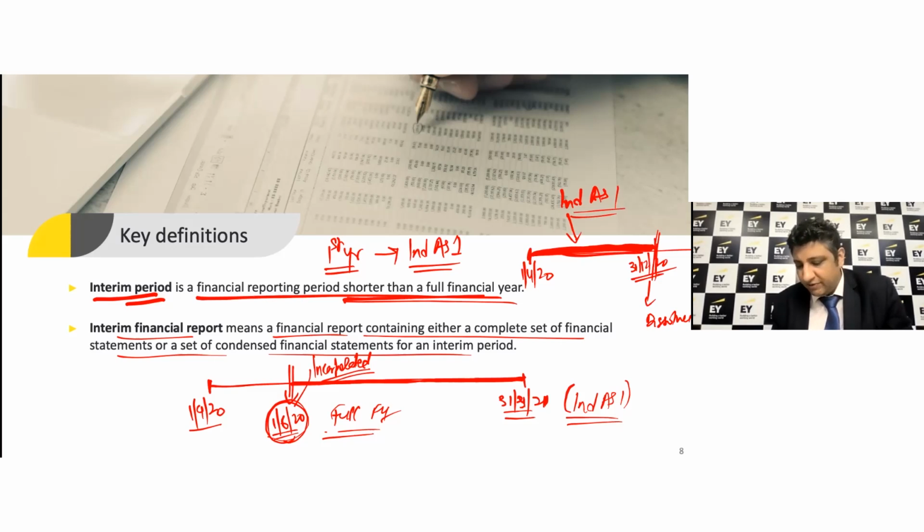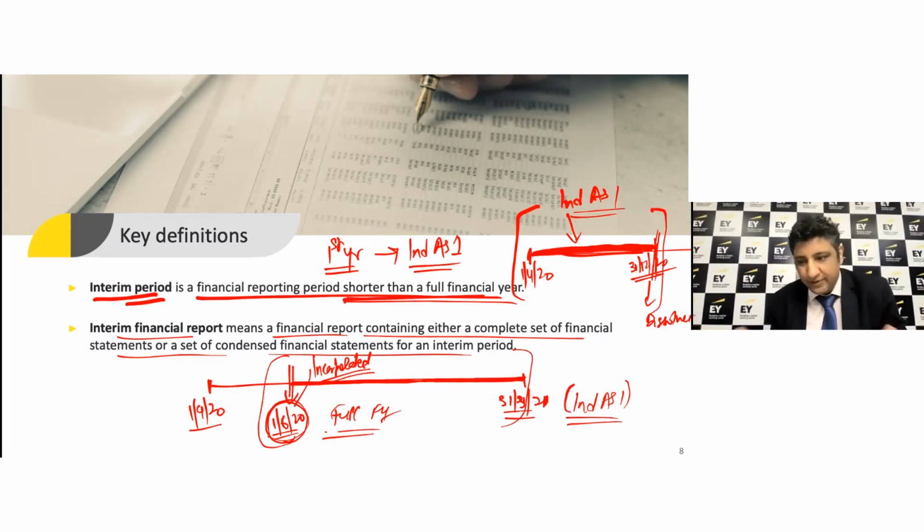What I'm trying to highlight here is that when you look at the initial year or the start year, or at the end of the life of the entity, a full financial year is not exactly the entire 12 months.